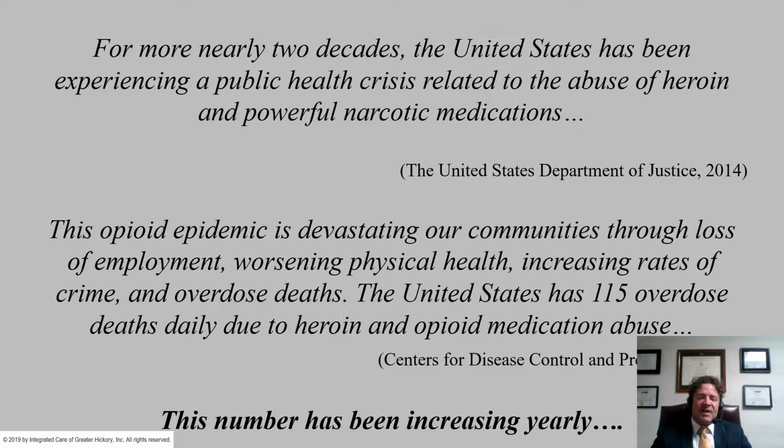And specifically about death, the United States has now reached 115 overdose deaths daily due to heroin and these powerful opiate medications. Last year, North Carolina had a greater than 20% increase. And while some states have had a decrease due to some of these new evidence-based approaches, North Carolina has yet to see an improvement.